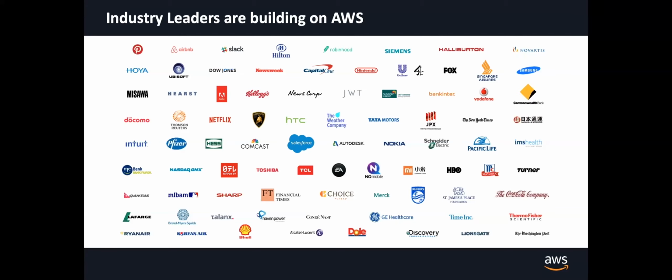In manufacturing, we have GE, Siemens, Philips. In oil, we have Shell, BP. In media, we have Netflix, Disney, Fox, HBO. In travel, we have Expedia, Singapore Airlines, Korean Air, Hilton.